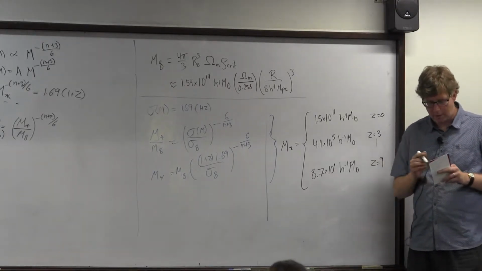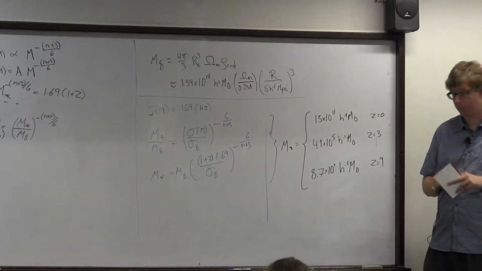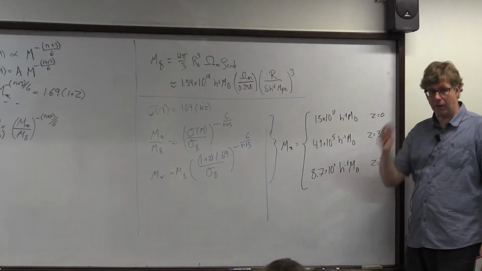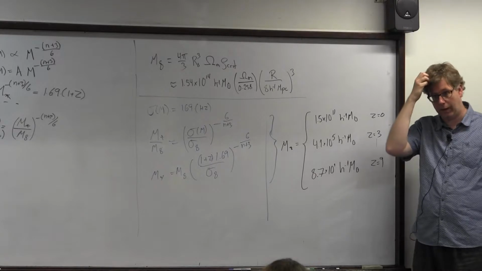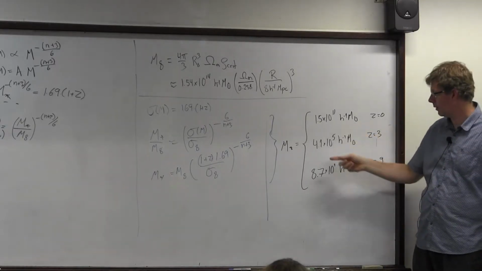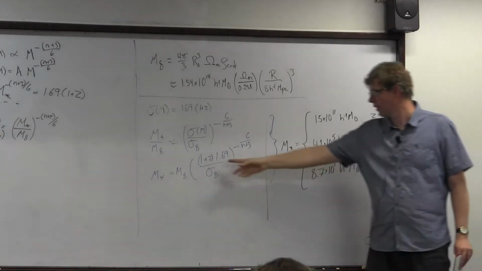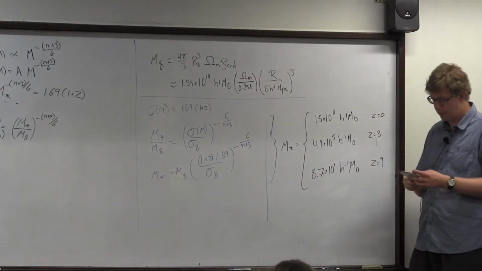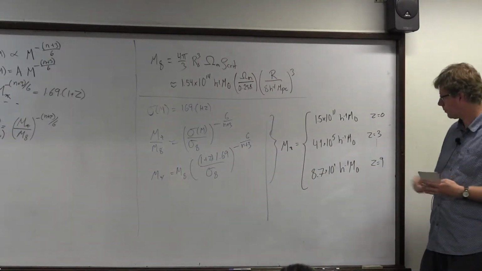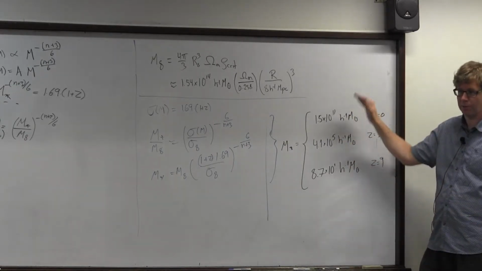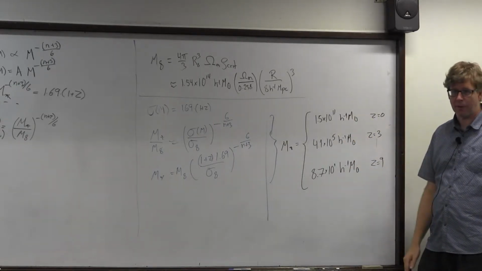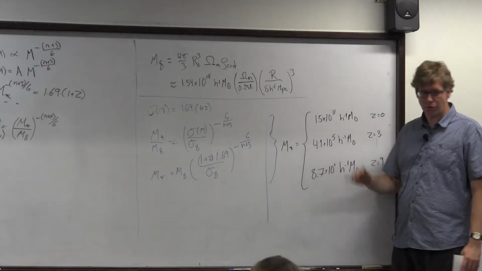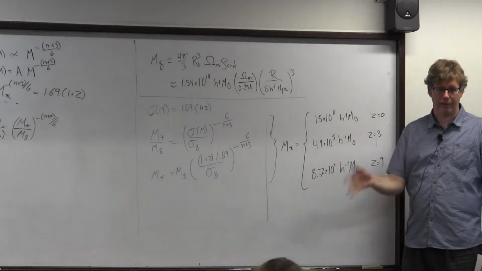So these are actually quite small things. They're quite small halos at high redshift. And you can see how they depend on redshift. They depend on 1 plus z to this power here, which is going to be relatively high. So it changes a lot with redshift. And so the typical halo at high redshift is going to be much smaller than at low redshift.